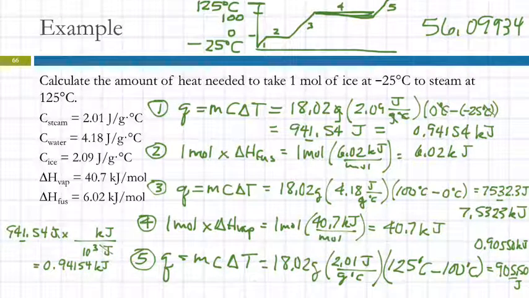So for significant figures, you would look at the decimal place for all of these. And we're going to see that this 40.7 actually has the fewest number of decimal places, with just 1. So we're going to round this to 1 decimal place. So that's going to round up, and so it's going to be 56.1 kilojoules.